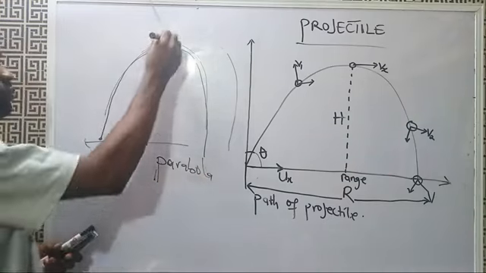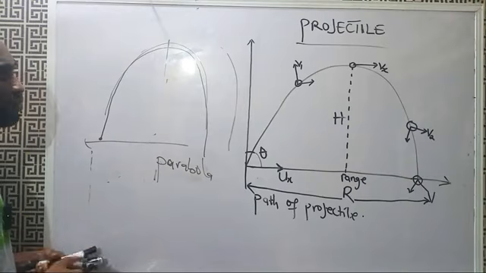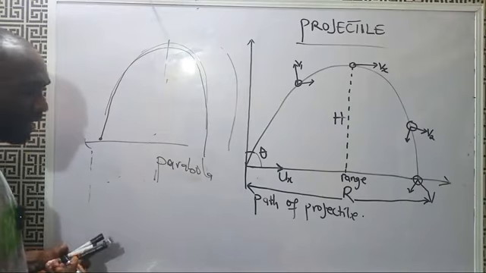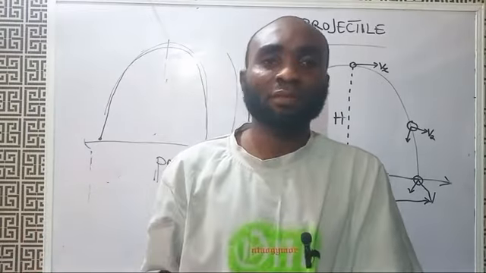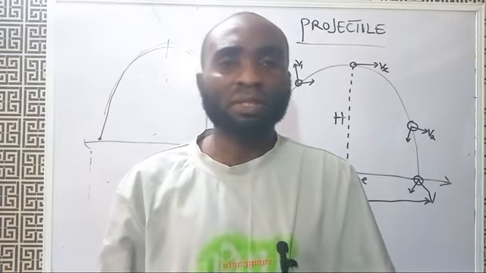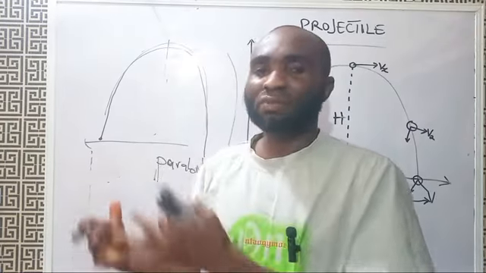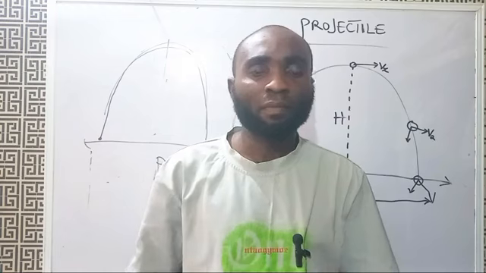So the path taken by a projectile is called a trajectory. All right, it's called a trajectory, and this trajectory path is in the form of a parabola.